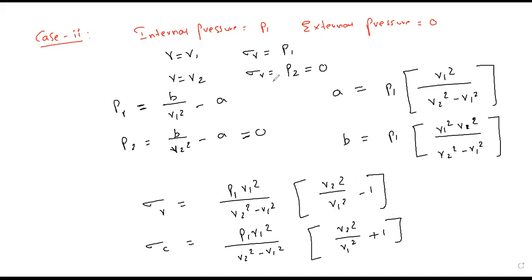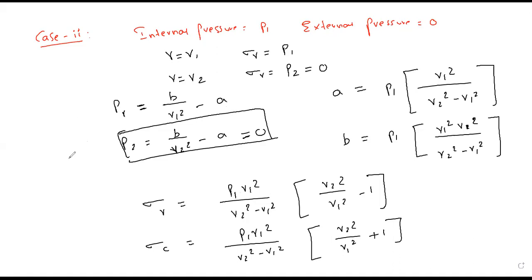By considering your external pressure as 0, P2 becomes 0, with only the help of the internal pressure. By taking these two constants A and B, you can calculate your radial stress and circumferential stress without any external pressure, with respect to only an internal pressure.